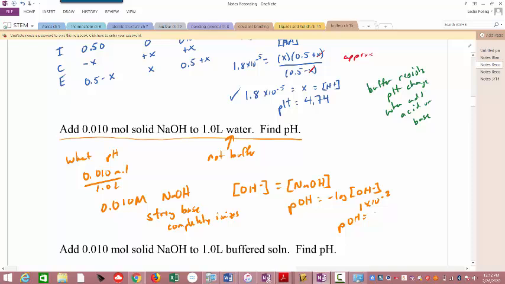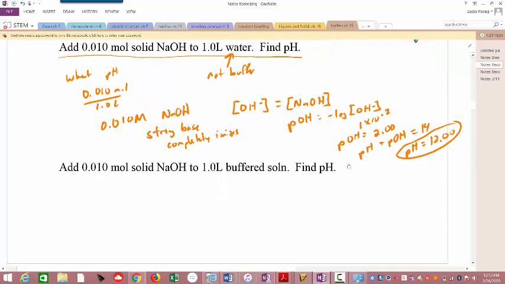So my pOH is 2.00. pH plus pOH is 14. So my pH is 12. Okay, so if we add that many moles of sodium hydroxide to water, we're going to have a pH of 12. But what if we add it to our buffered solution?